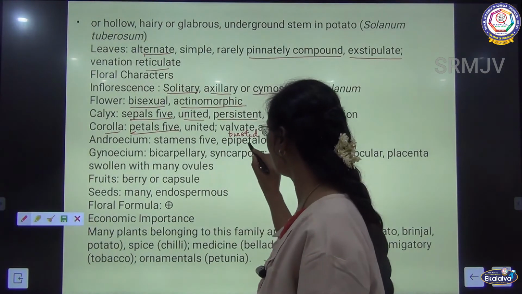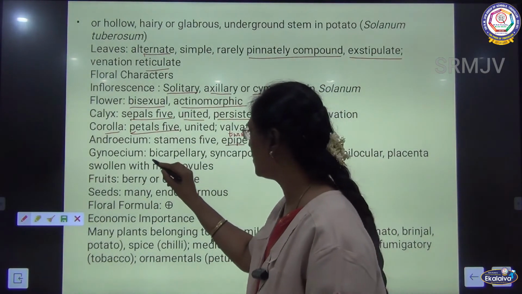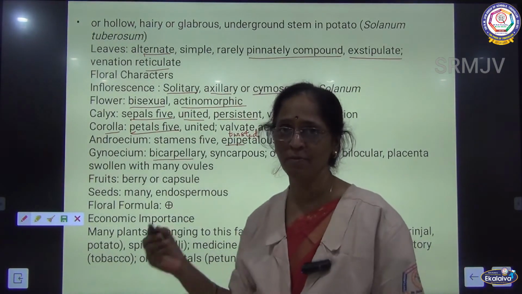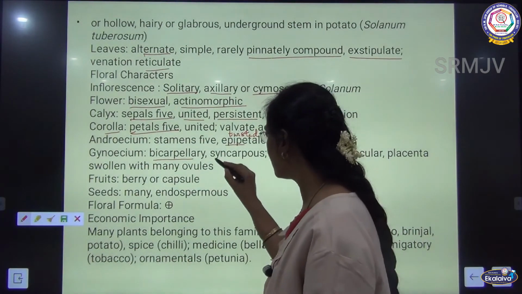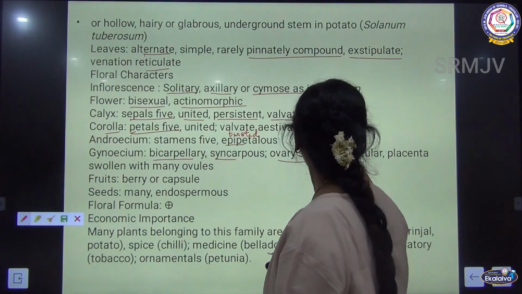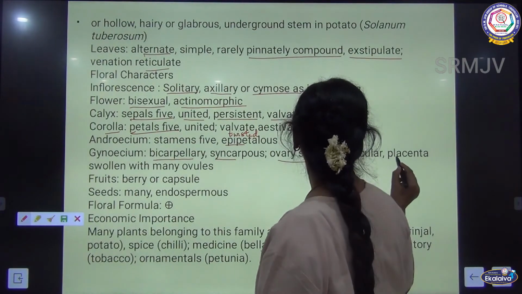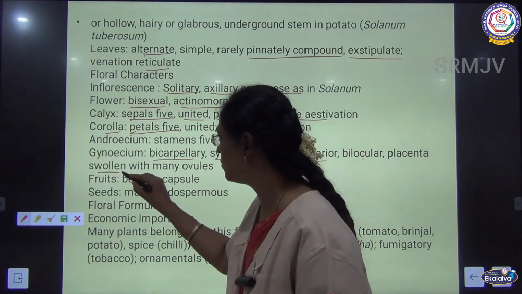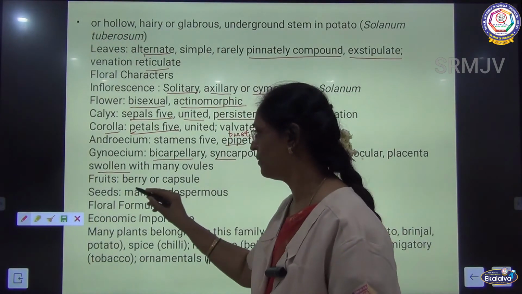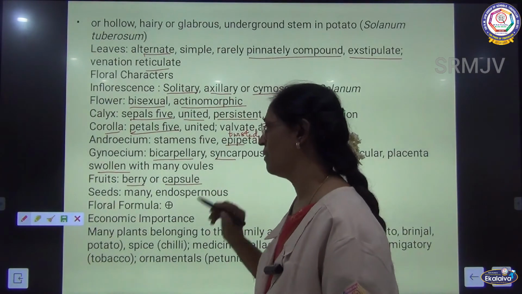Androecium, stamens 5, epipetalous. Gynoecium, bicarpellary, 2 carpels, syncarpous, fused, superior ovary, bilocular, and the placenta, if you see, is swollen with many ovules, and the fruit may be a berry or capsule.